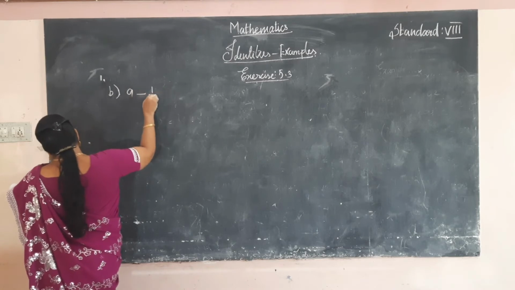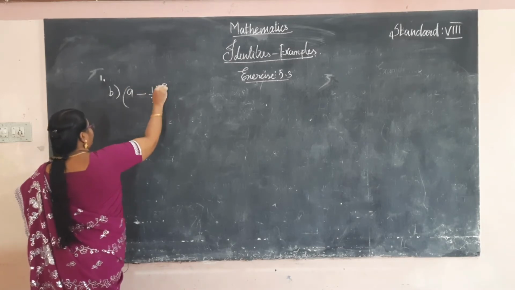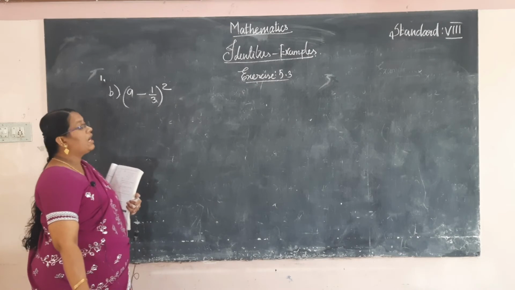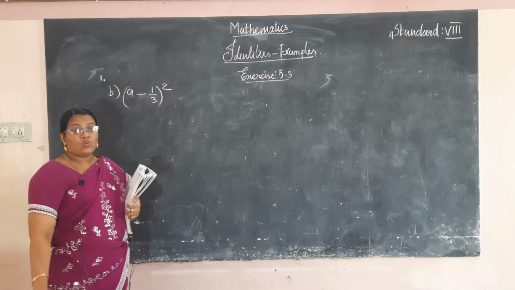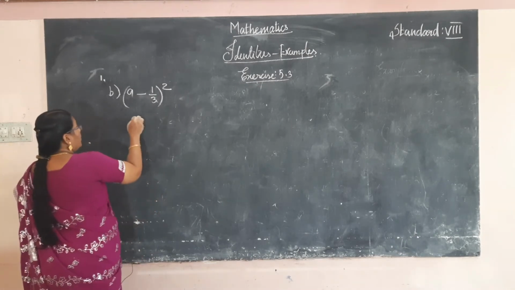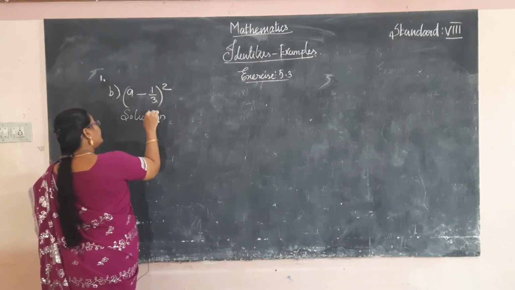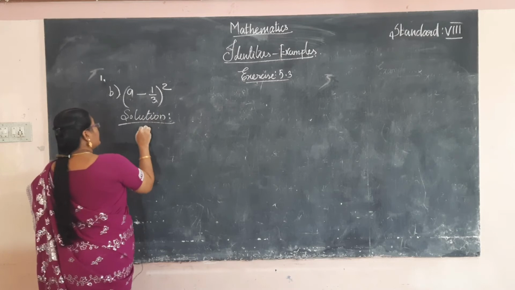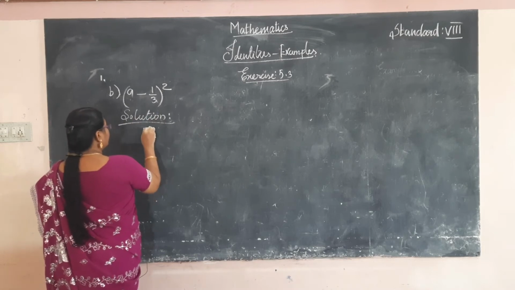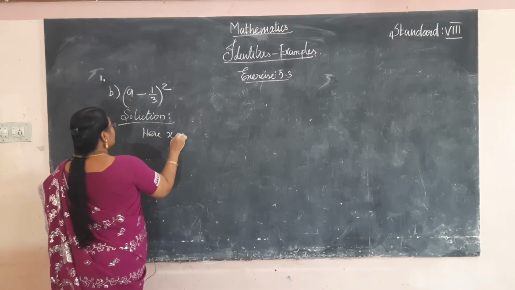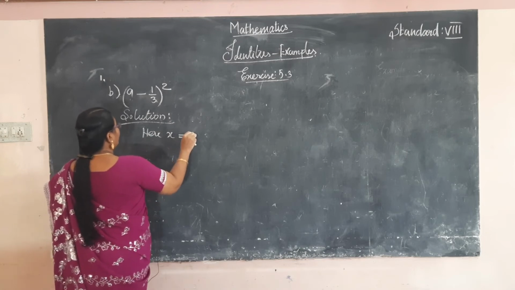a minus 1 by 3 the whole square. So which identity have we applied in this place? x minus y the whole square. Is it? Write the solution. What is the value of x here? Here x is equal to a.